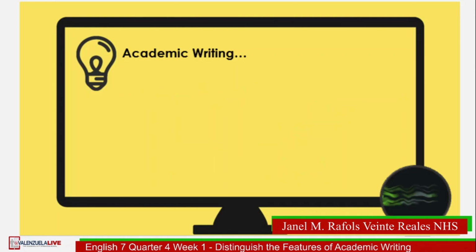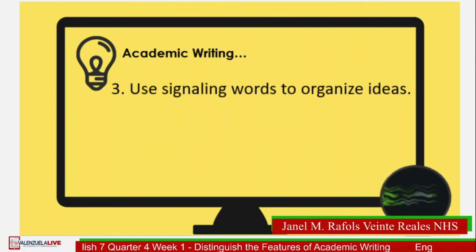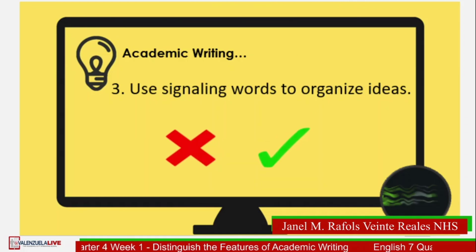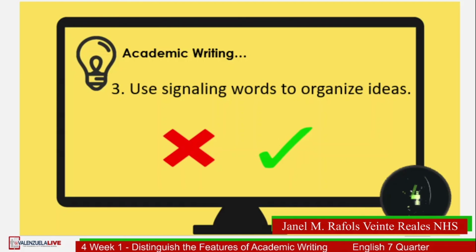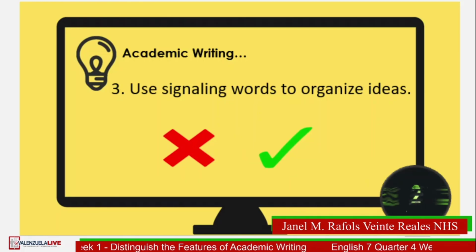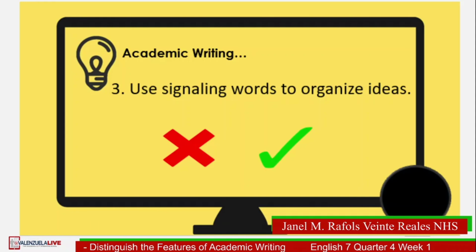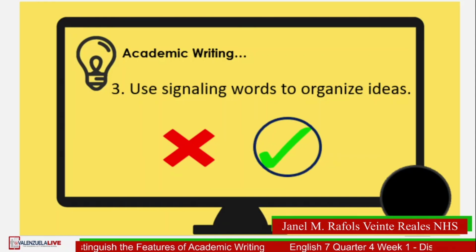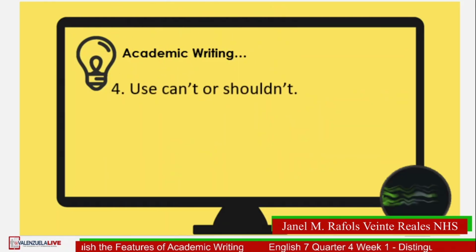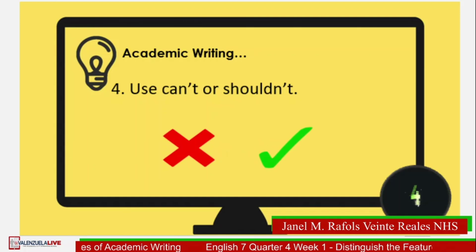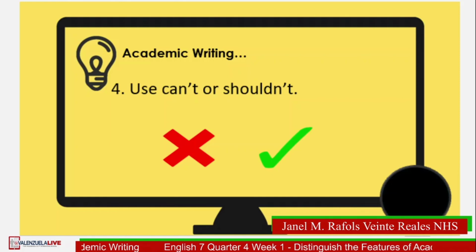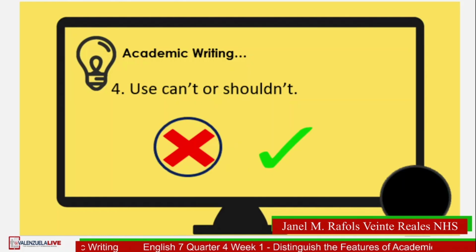Number 3, use signaling words to organize ideas. And this is check. Number 4, use can't or shouldn't. This is cross.